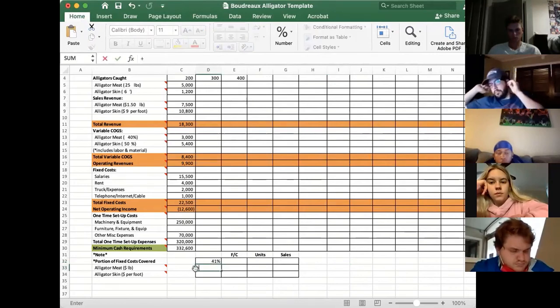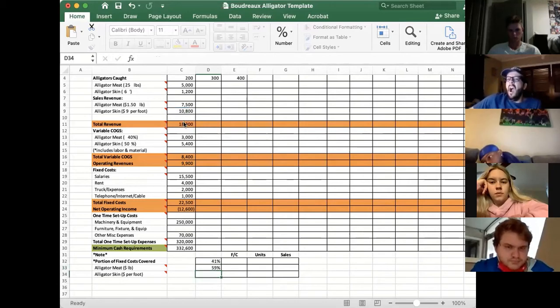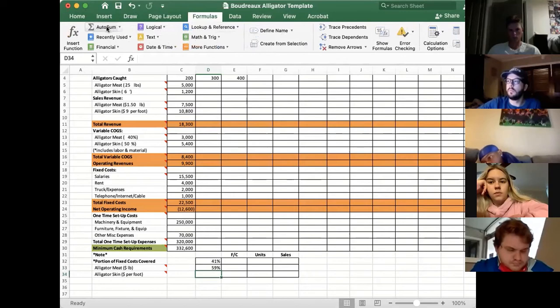So we'll say 18.5 divided by the total revenues. And if we sum those up, just to be on the safe side, they've got to equal 100%. At this point, we know 41% of the overhead is covered by meat and 59% is covered by the skins.